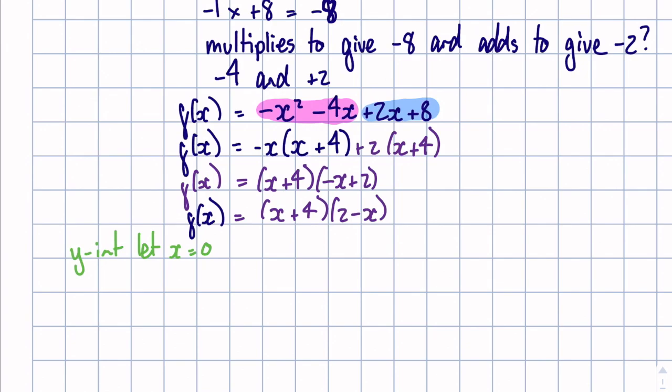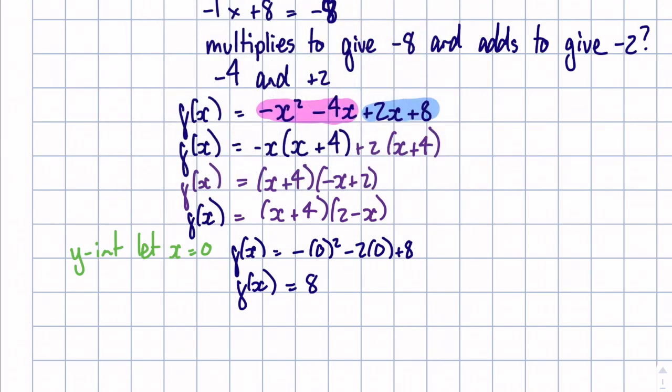It doesn't matter which form you would do it in. So f of x equals negative 0 squared take 2 times 0 plus 8. You can tell very quickly that is just going to be 8. And even if we'd subbed it into the brackets, f of x equals 0 plus 4 times 2 take 0, 4 times 2 is 8.